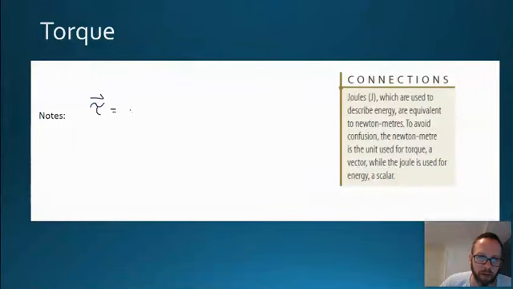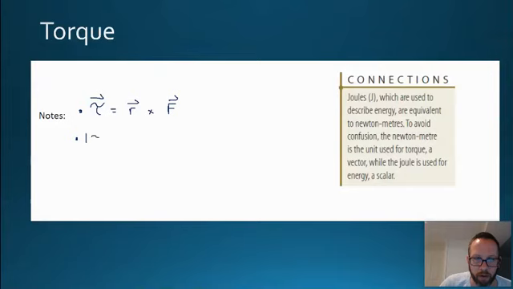Torque is the cross product between R and F. If you have a tire iron or something, R represents a vector going from the pivot point to where you're applying the force, and vector F represents the force. That's the first little note there.